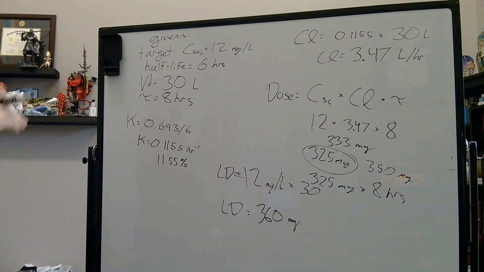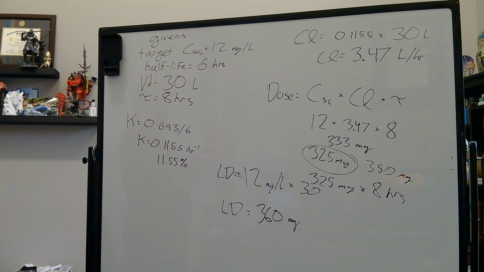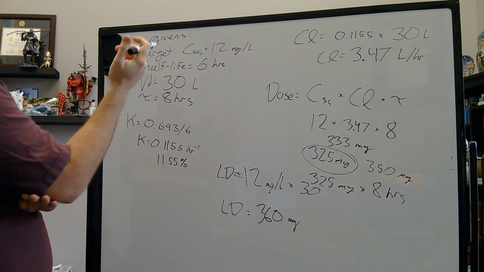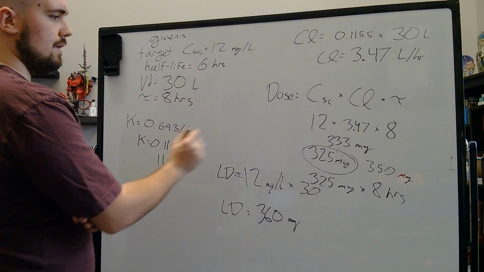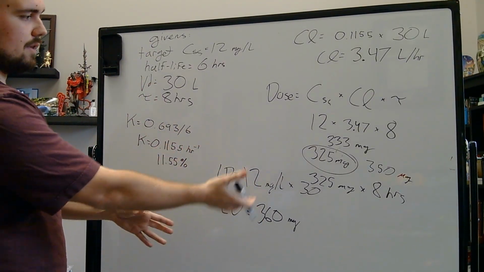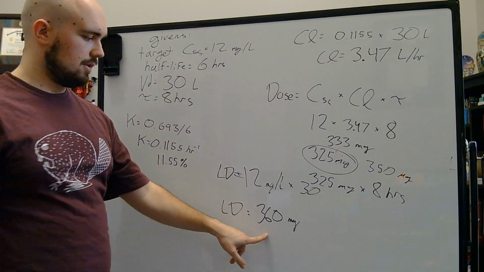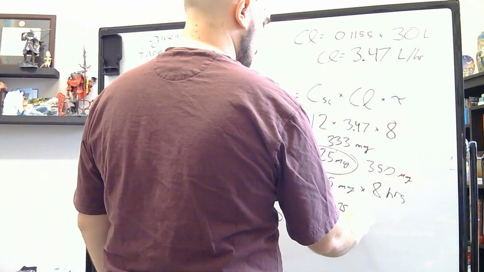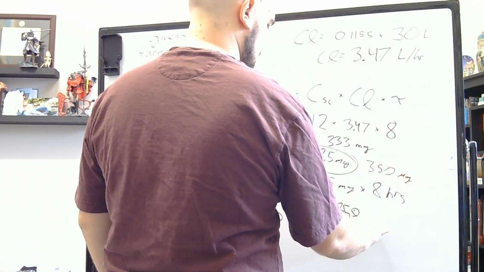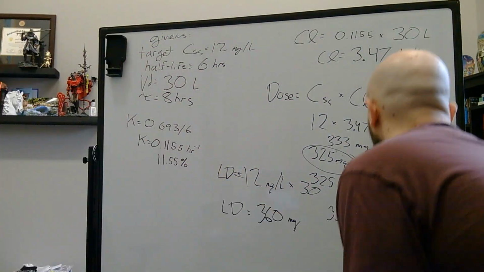Now that we have a loading dose and a maintenance dose, you can build a regimen. We could say, let's give the patient a 350 milligram tablet once to start.